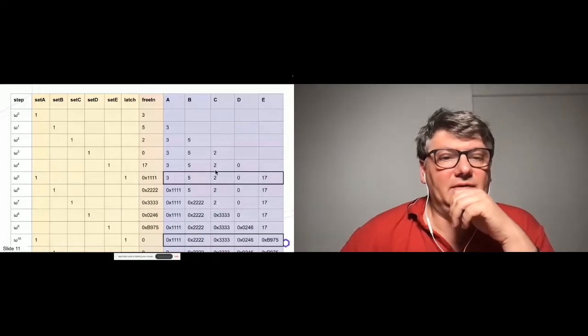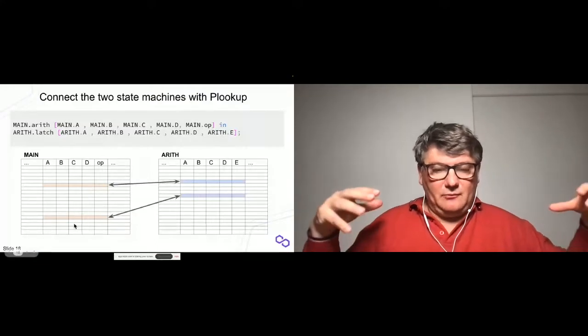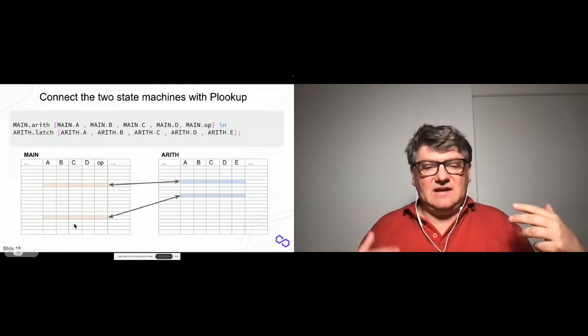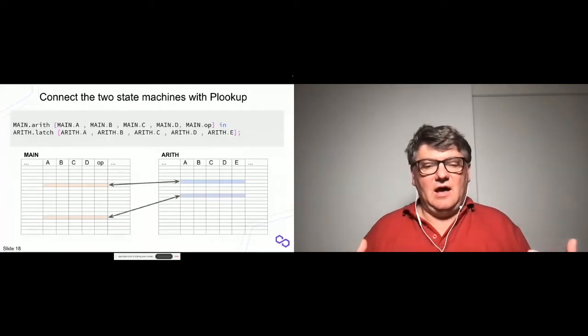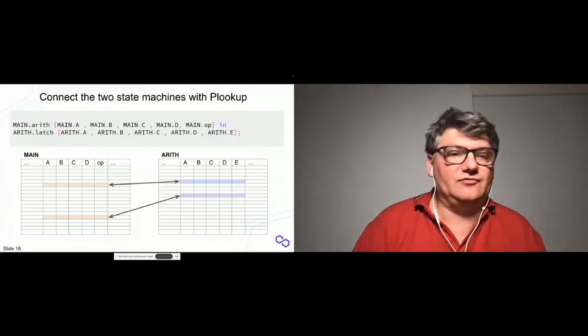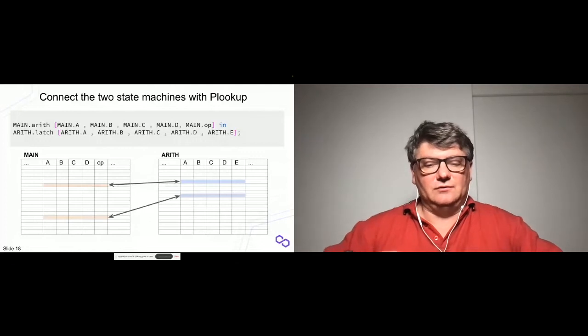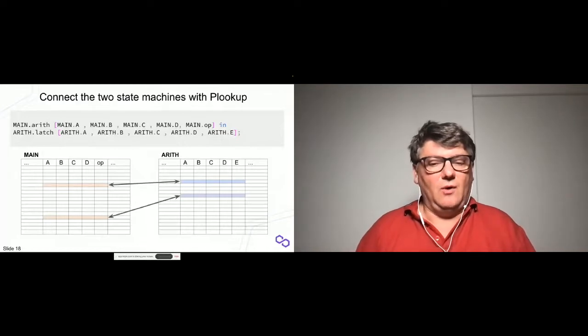This is very important, because with this system we can have different state machines, and with this lookup instruction, which we call in, we can connect state machines to each other.